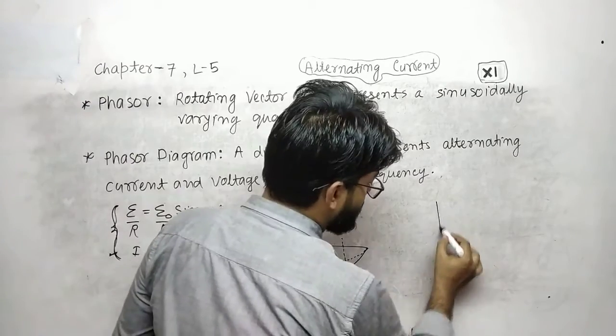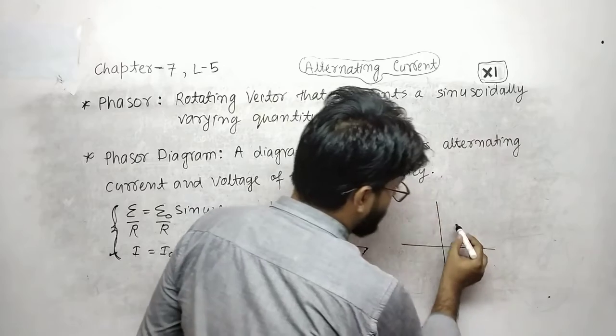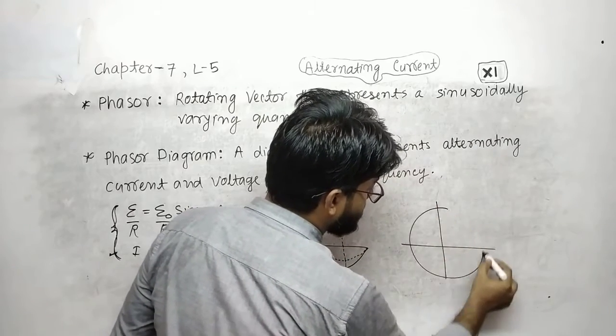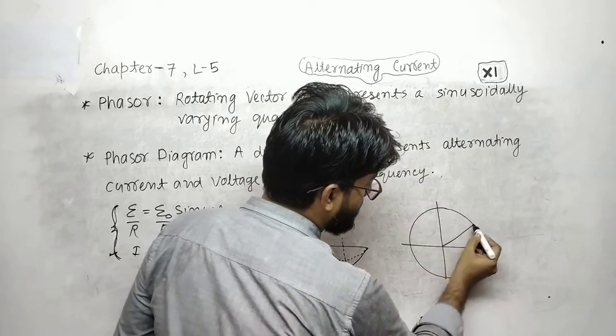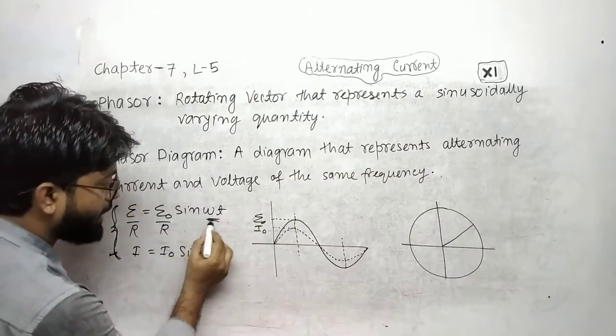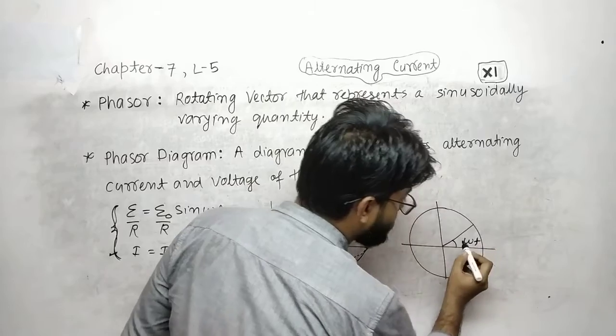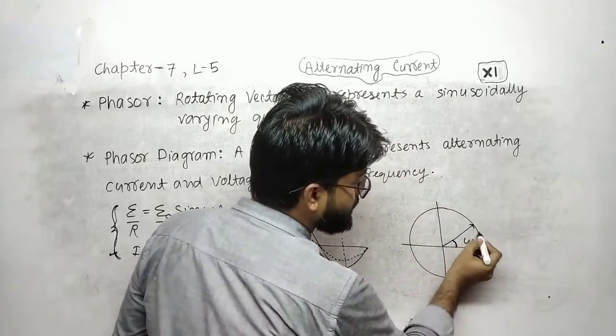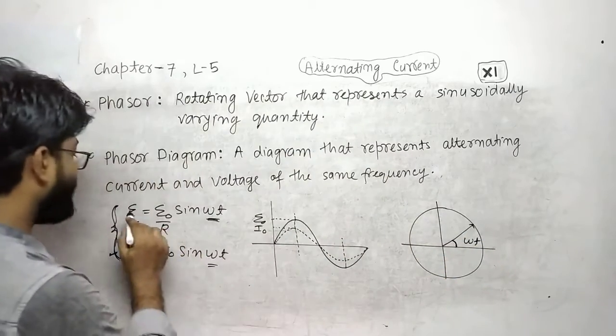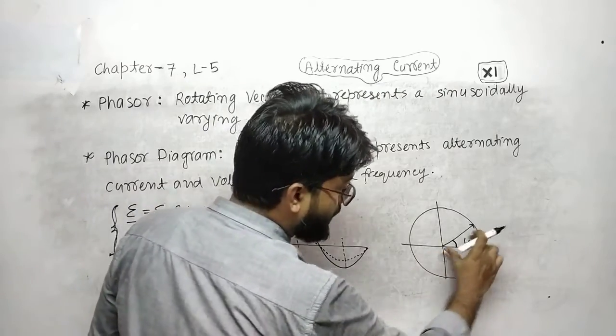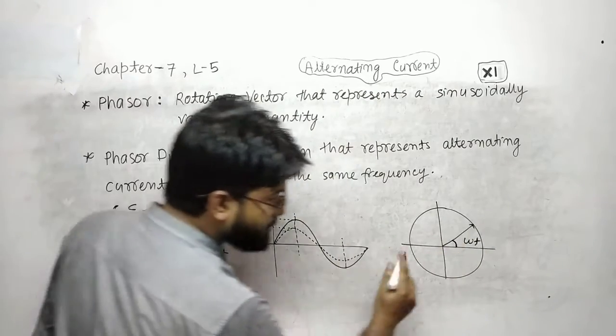When we try to represent this as a vector, because it has some angle, let us suppose this is the angle omega t. This is the vector for E, but the length of I is less.